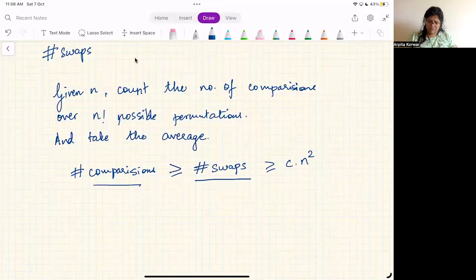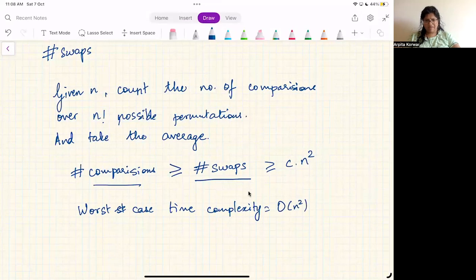And there is also the worst case time complexity of bubble sort. How much is that? Order n squared. So the worst case is less than or equal to some constant times n squared. The number of comparisons in the average case is greater than or equal to some constant times n squared.